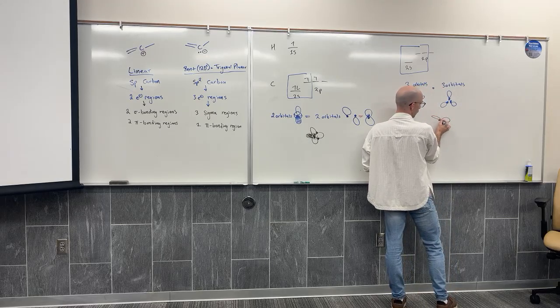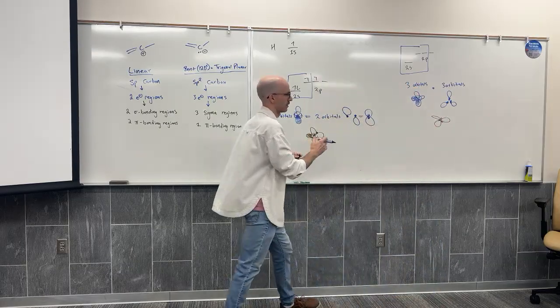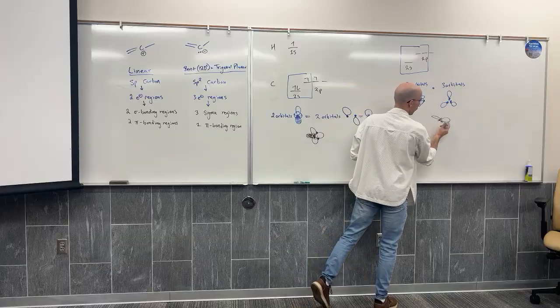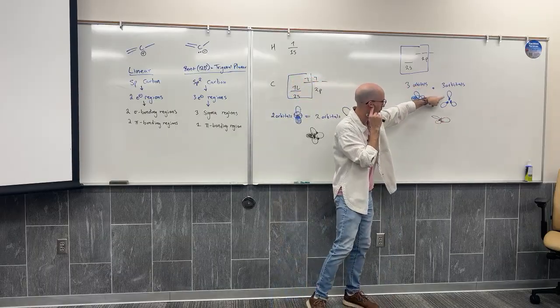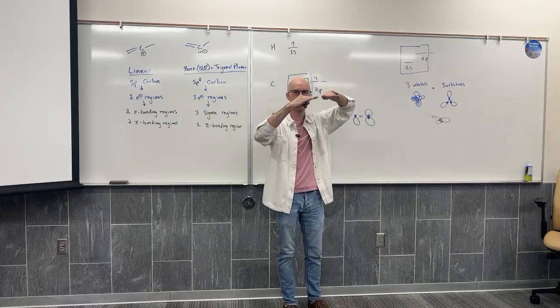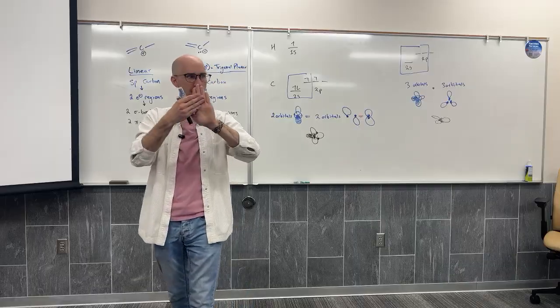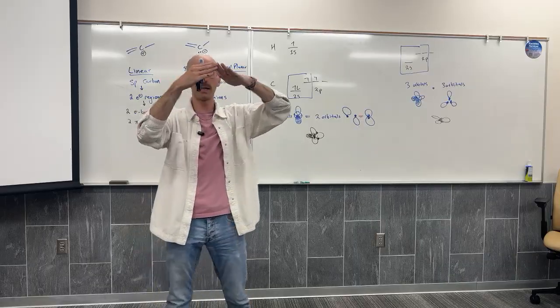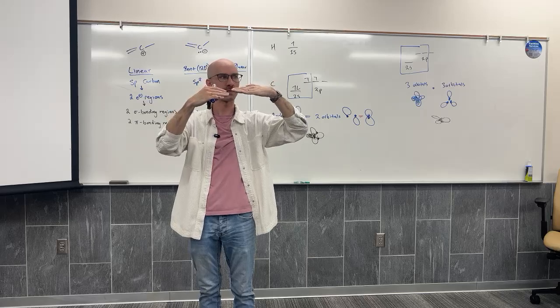Another is going out of the plane of the board, and then one is coming out of the plane of the board towards us. So what I'm trying to have you see is that we're looking at these 3 orbitals centered on the nucleus, but we're looking at them side on. We're looking at the piece of paper on its side.